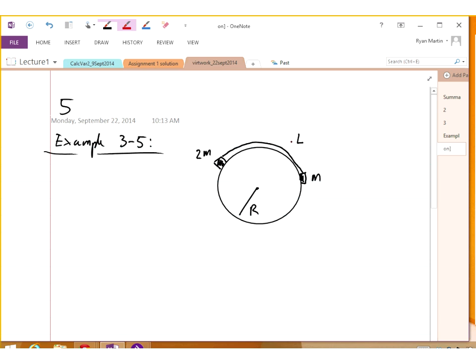If we put in a coordinate system at the center of the sphere, we can describe the location of the left mass with an angle phi, and the right-hand mass with an angle theta.